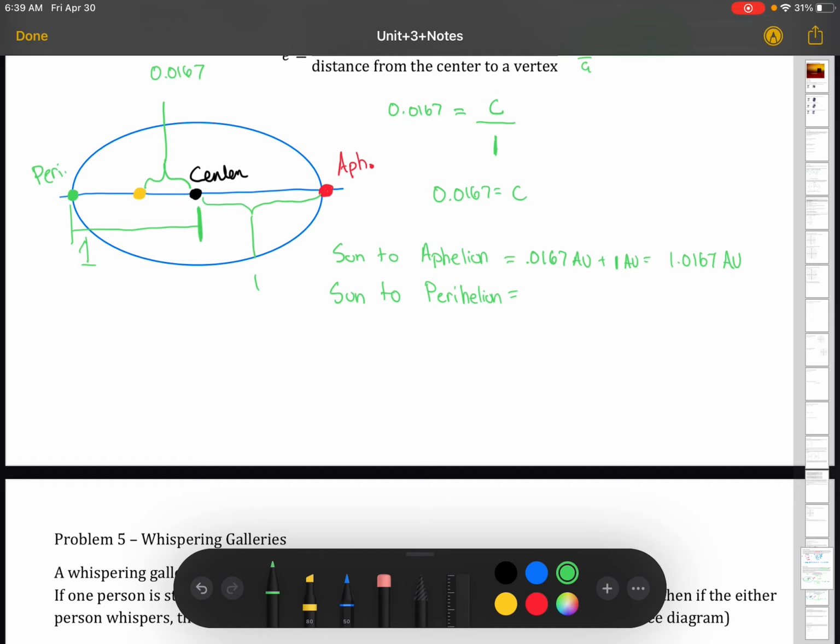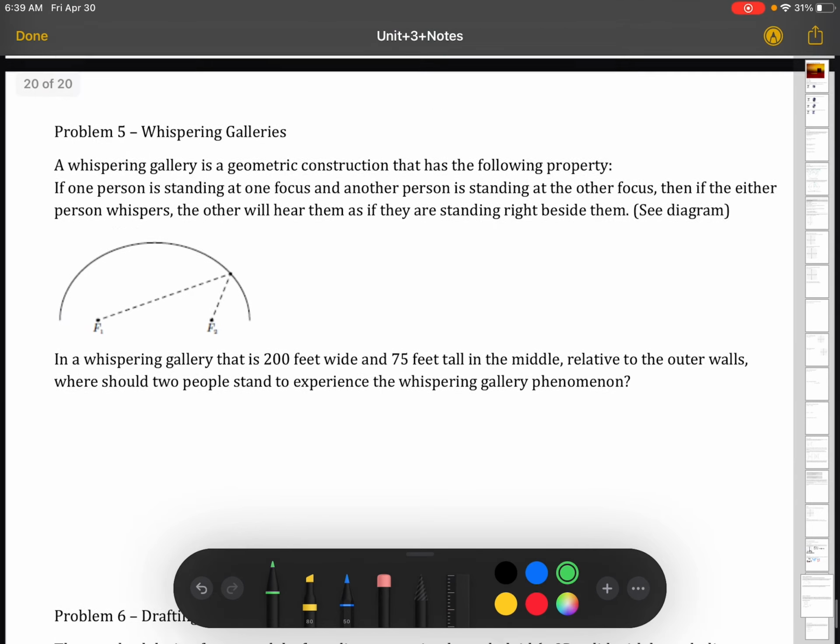So we need to subtract 0.0167. So 1 minus 0.0167 is going to be 0.9833 astronomical units. All right. So that's it. We used an ellipse.